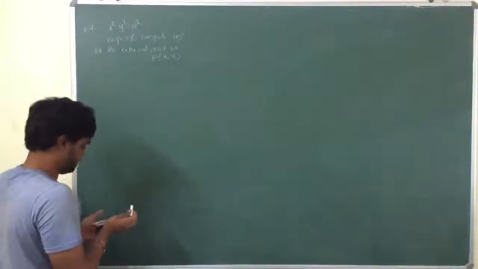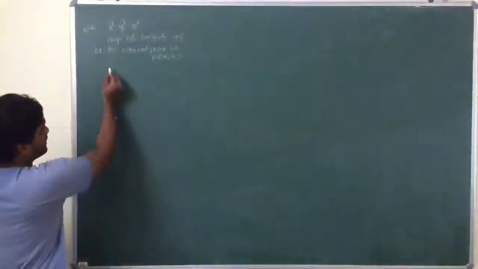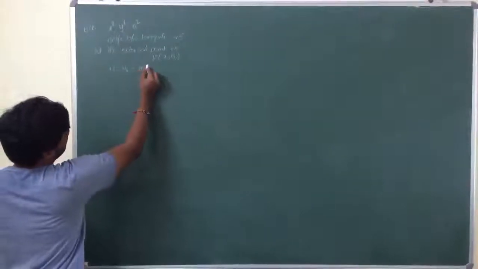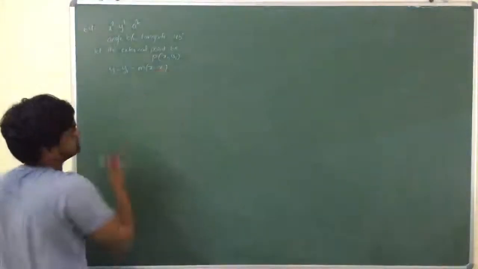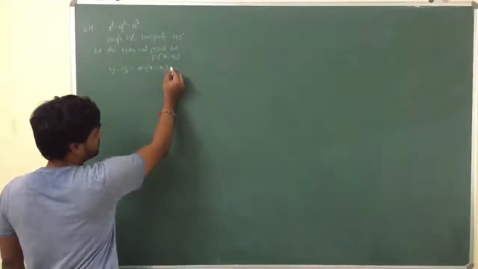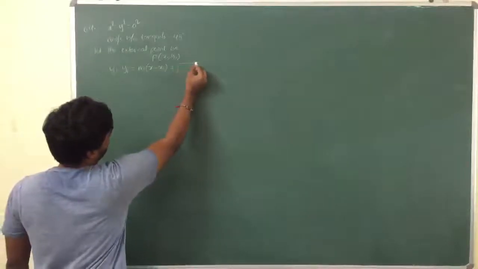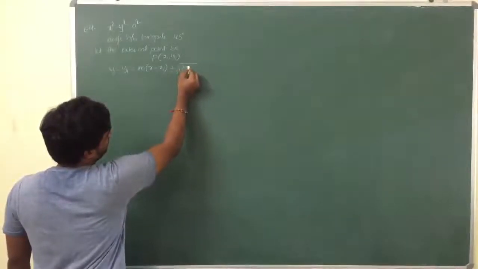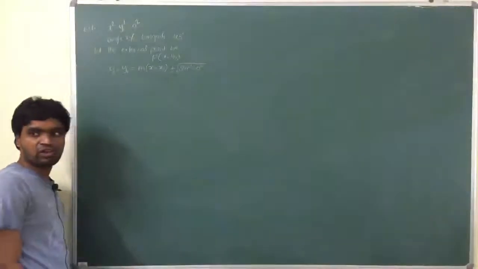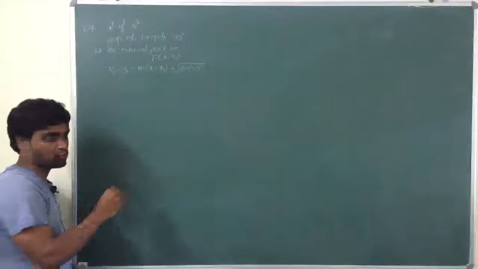Now, what is the equation of tangent? y minus y1 is equal to m into (x minus x1) plus or minus under root a square m square minus b square, but b is also equal to a because this is a rectangular hyperbola.